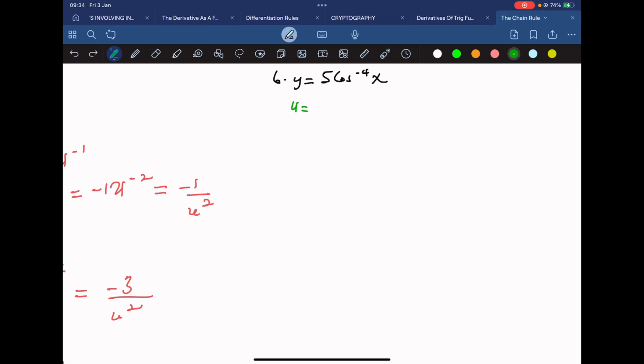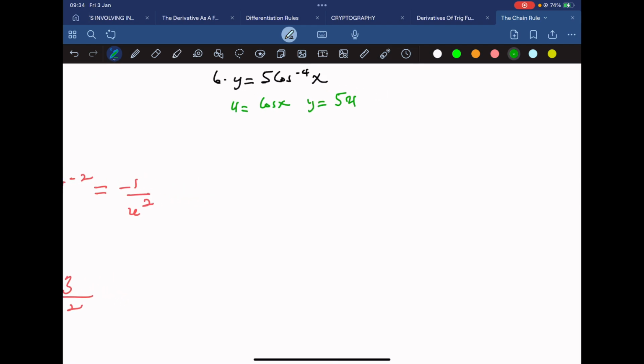So we can just have cosine of x to be your u. In that case, if we are rewriting, your y is 5 times u. Now we said cosine of x is equal to u. Remember, cosine of x has an exponent of negative 4. So we have negative 4 over here.